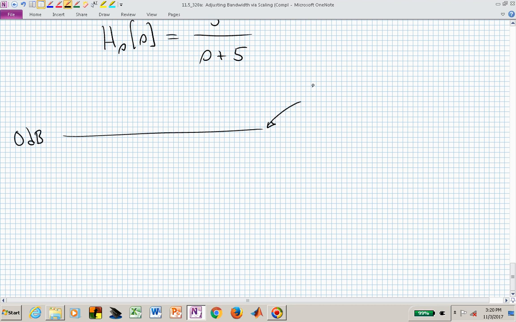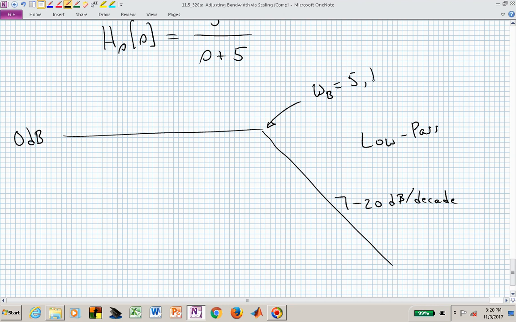We then come out here to our break, omega sub b, which in this case is 5, and then we roll off at minus 20 dB per decade, since we have a first order low pass filter. Our bandwidth now is 5, and we roll off into the stop band.